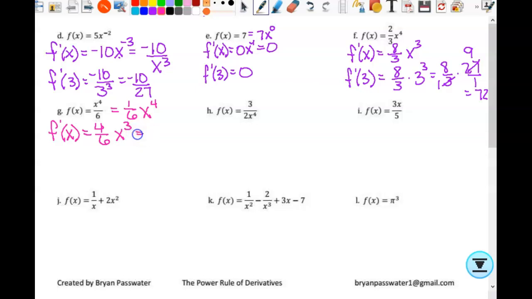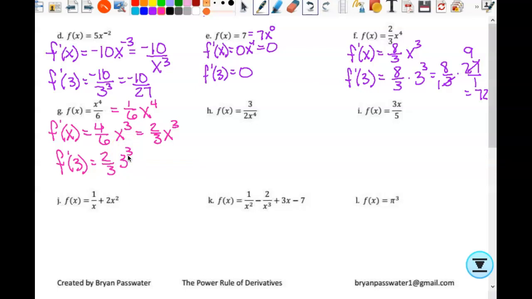So we can reduce this to 2/3 x cubed. Okay. So then when I want f prime of 3, I'm going to get 2/3 x, no, that would not make sense. I need to substitute it in, times 3 cubed.